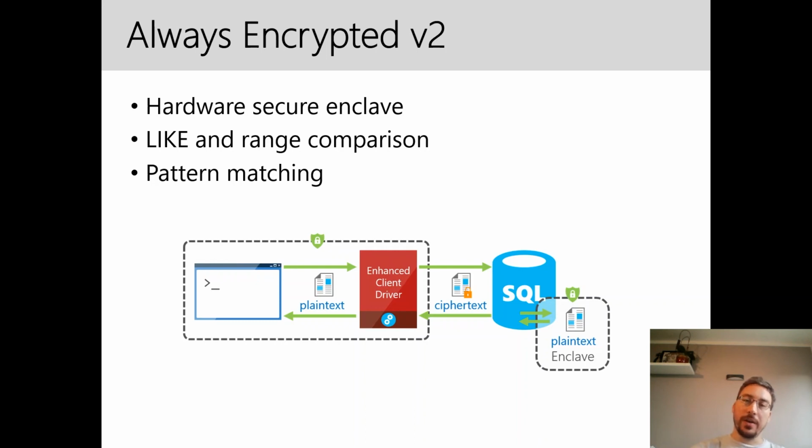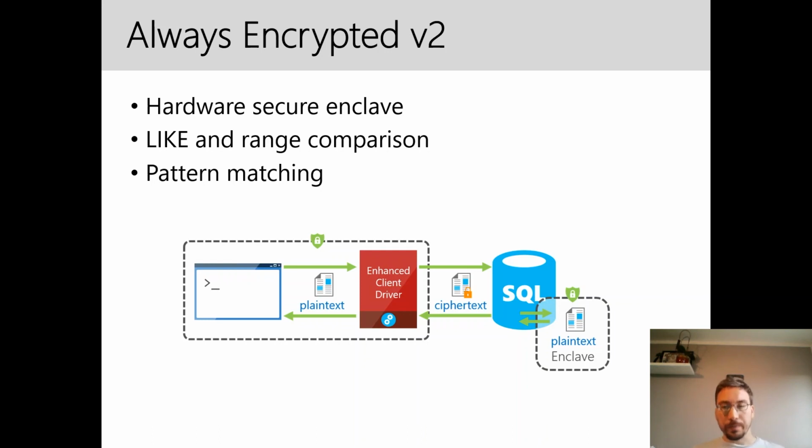It will check if that row matches your query, your pattern, and if it does, it will save the ID, and when it finishes going through all the rows, it returns the matching IDs. And then SQL Server takes those matching IDs that came from the enclave, and returns the rows matching those IDs, encrypted of course, to the client. And then the client takes those encrypted rows and decrypts them into plain text that is shown to the user.